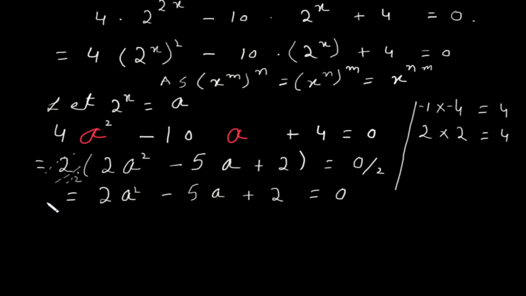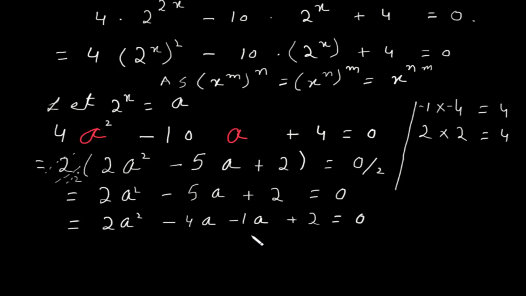So we can write the middle term minus 5a as minus 4a minus 1a, giving 2a square minus 4a minus 1a plus 2 is equal to 0. Now we will group the terms and factor by grouping.